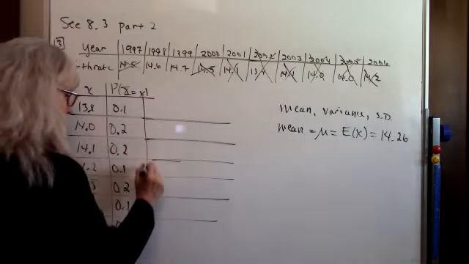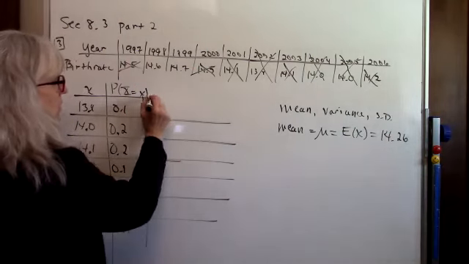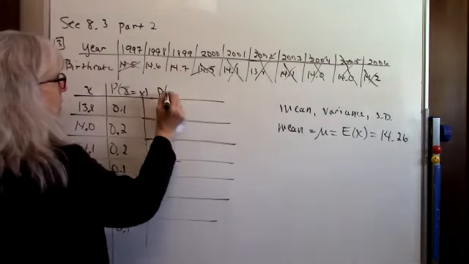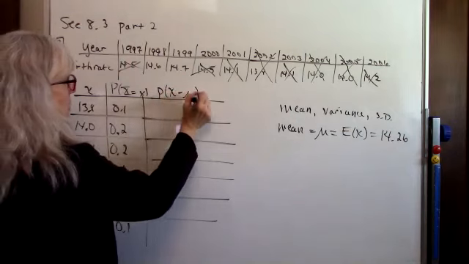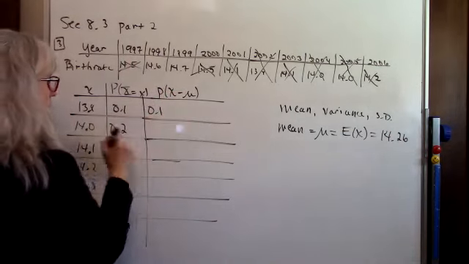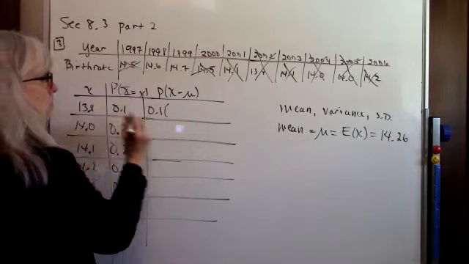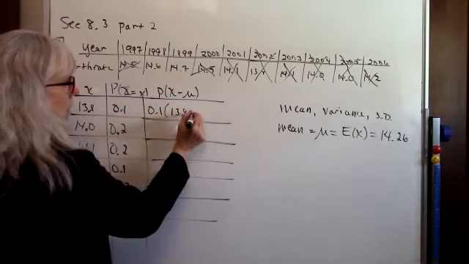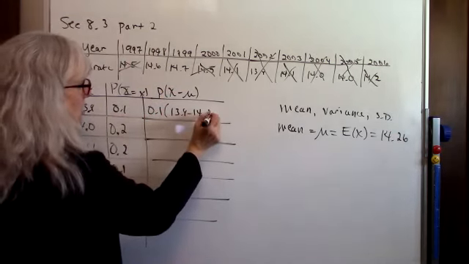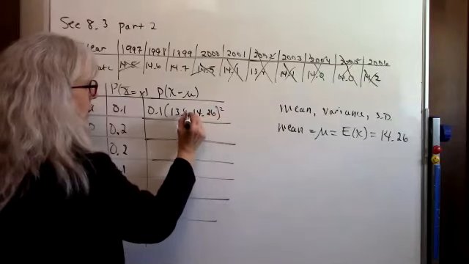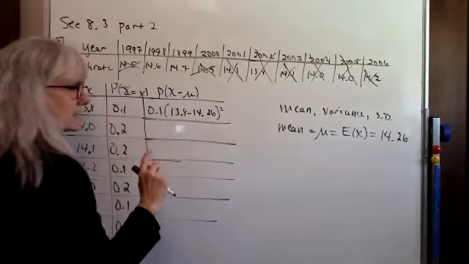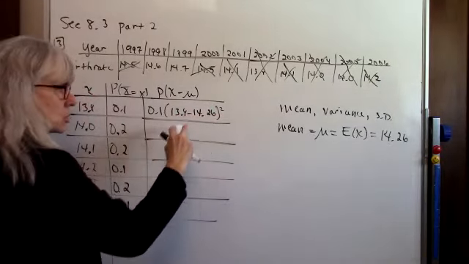Now our next column is basically going to be the probability times x minus mu, squared. In this case, it would be 0.1 times 13.9 minus 14.26, and then we're going to square it. The reason you square it is to deal with any sign issues that occur with the subtraction step. We're going to need to carry quite a few decimals here to make this come out correct.